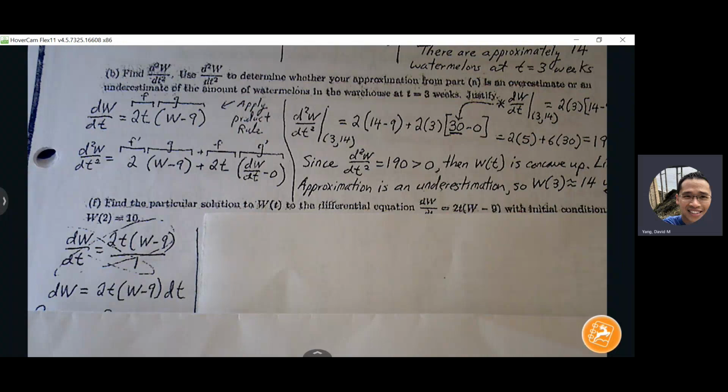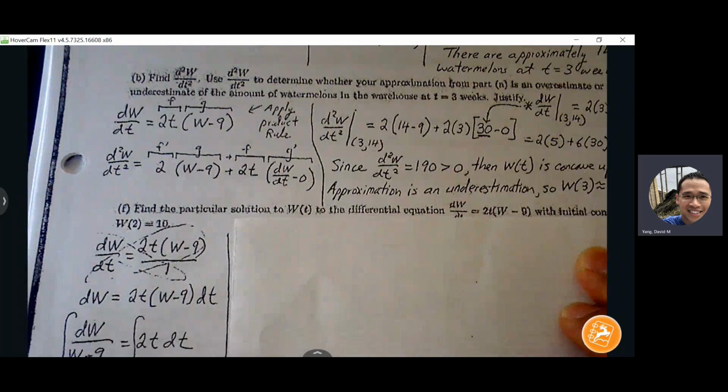There's only one thing out of place. What do we need to move? W minus 9. Okay, so we don't want to distribute that 2t through, right? Those parentheses are there to help us separate what needs to stay separated.